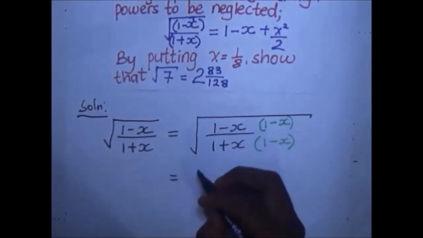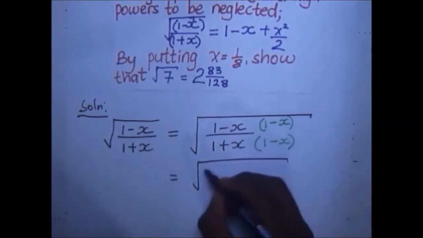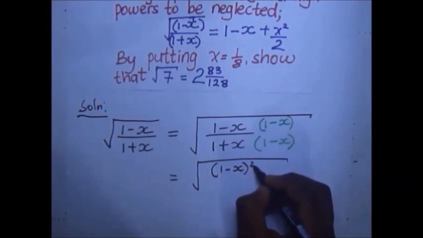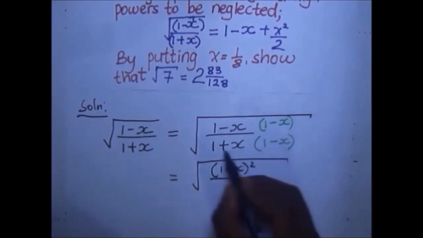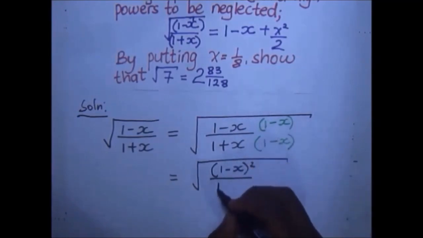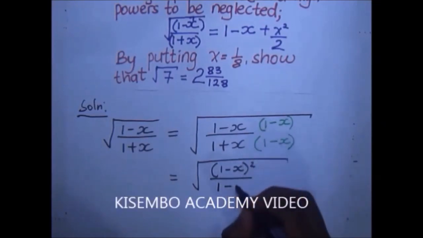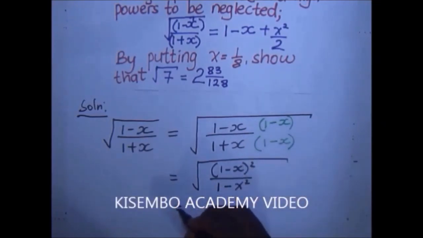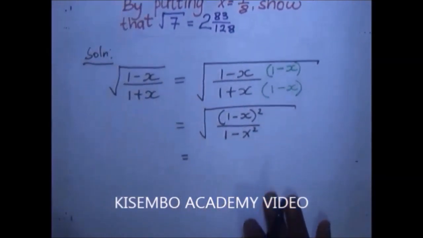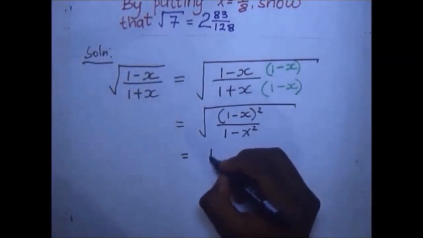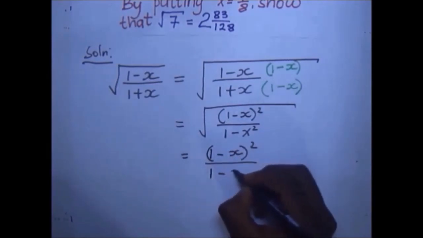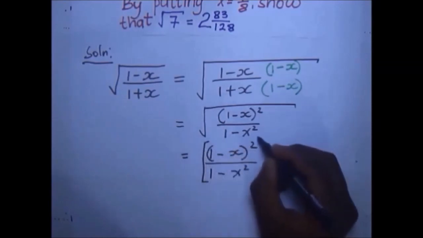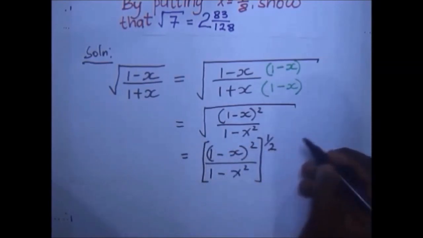It's simply going to become 1 minus x squared, divided by 1 minus x times 1 plus x. This is the difference of two squares, so it's going to become 1 squared minus x squared. So we continue. This is the same as saying 1 minus x squared over 1 minus x squared, all to the power a half.